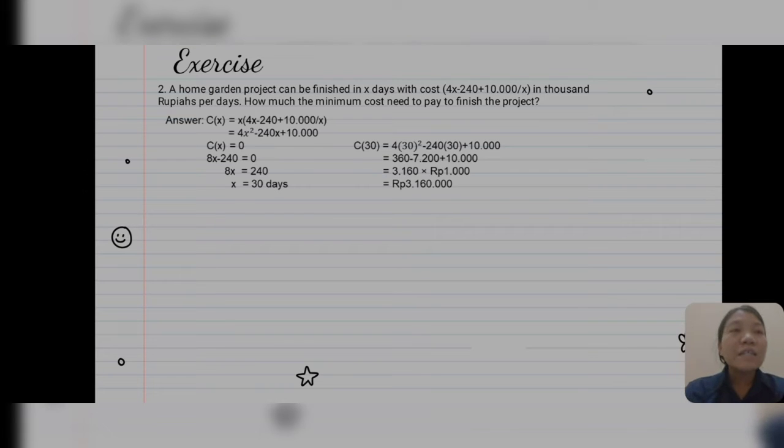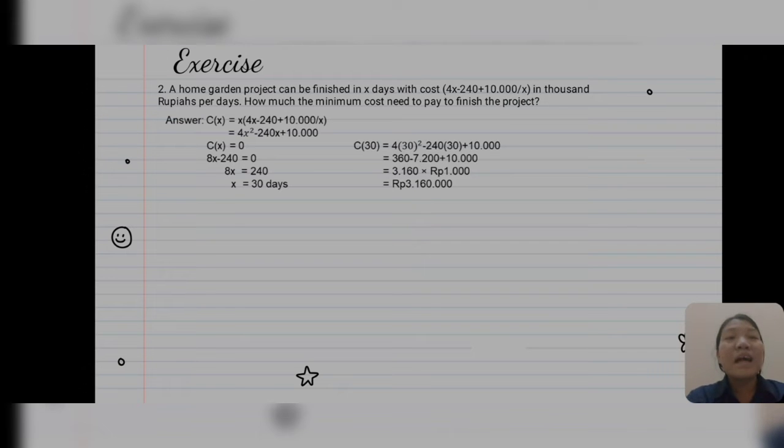And exercise number 2 is a home garden project can be finished in X day with cost open parenthesis 4x minus 240 plus 10,000 per x close parenthesis in 1,000 rupiahs per days. How much the minimum cost need to pay to finish the project? And the answer, we need to find the total cost first.